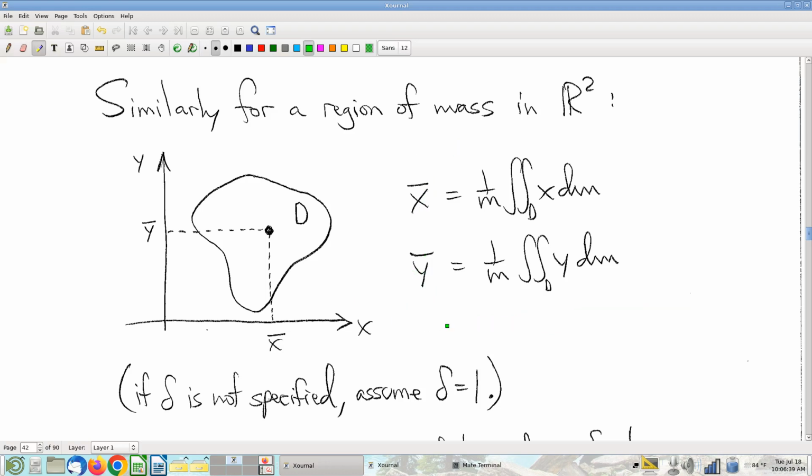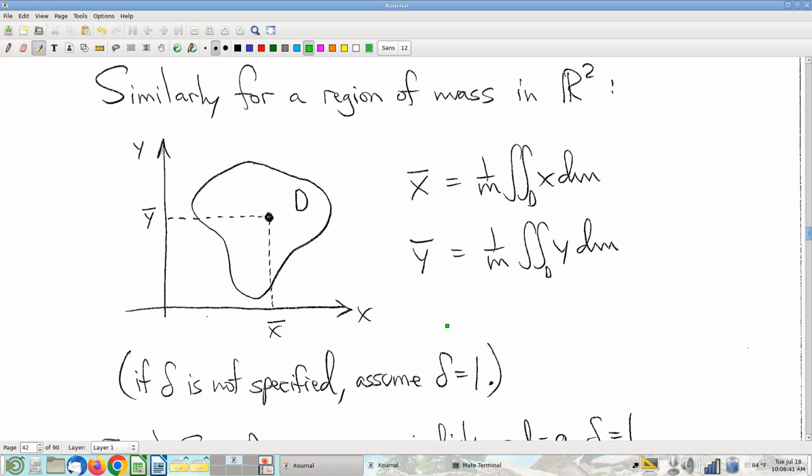Okay. Now, real quick, little detail. Sometimes we're thinking about a piece of mass. Mass has density. Sometimes, though, we're just thinking about the geometric figure itself, and we don't want to worry about mass.